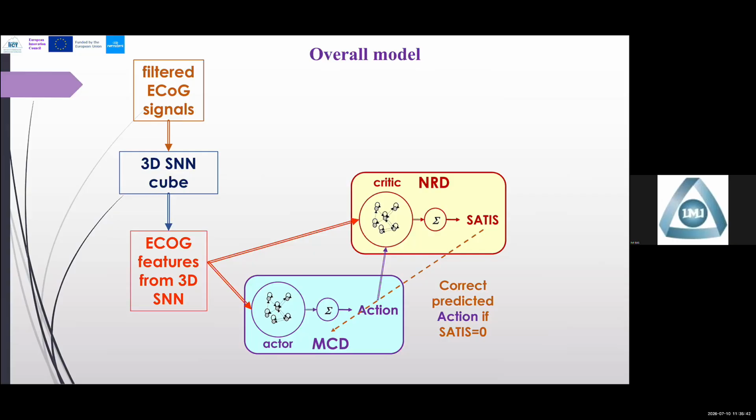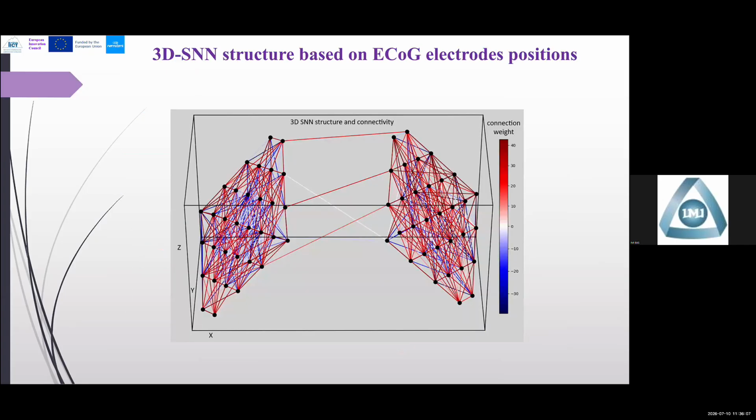One idea is to use a window of 1 second, but it makes a lag in the predictions. And we decided to try whether 1 second or 100 milliseconds are enough to extract features from data and to predict the desired action on time, so as to be able to use this device really online. And this is the structure.